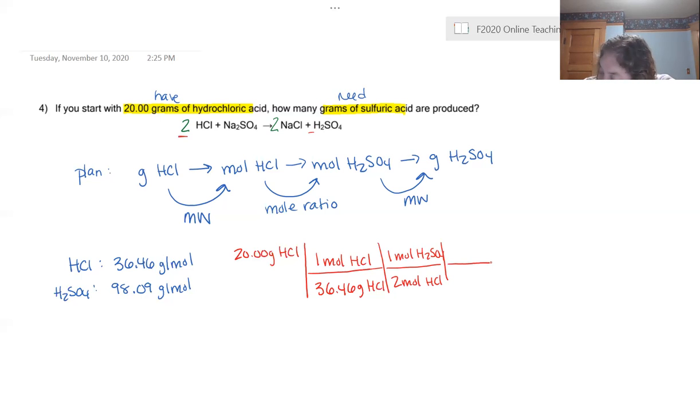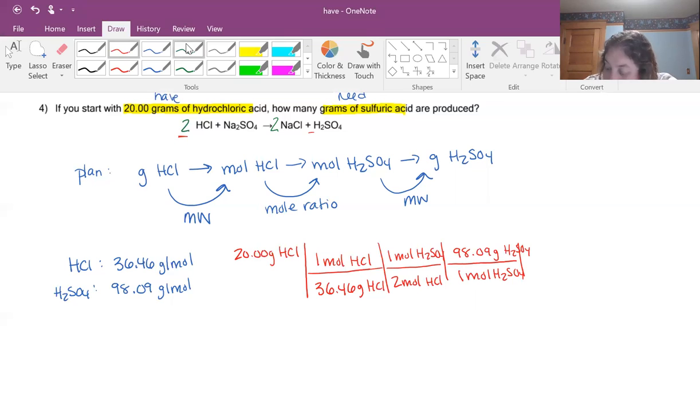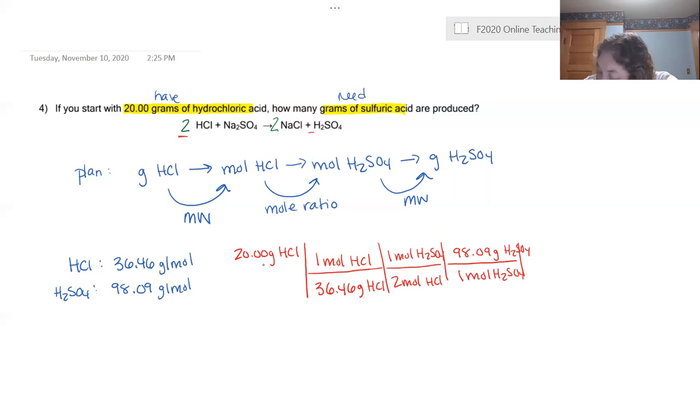I'm trying to get to grams of H2SO4. So I know that every 1 mole of H2SO4 is going to equal 98.09 grams of H2SO4. So if I've written all this out, I should see that my units work themselves out until I end up with just having grams of H2SO4 left. So grams of HCl will cancel out.